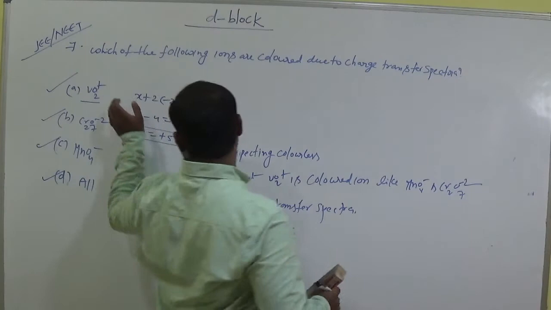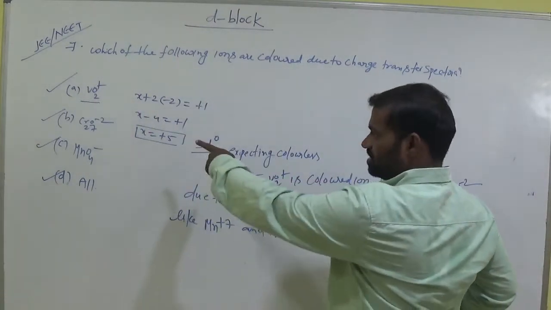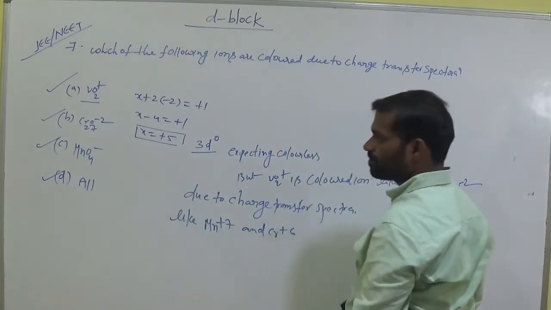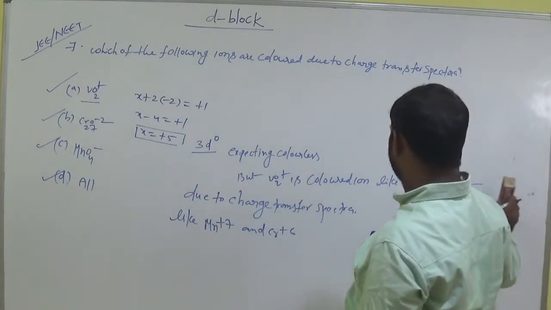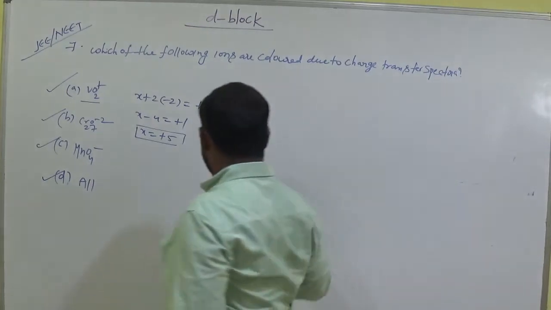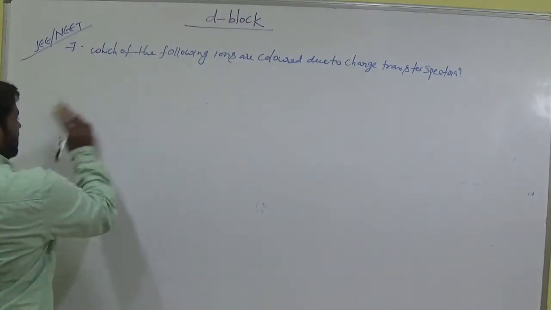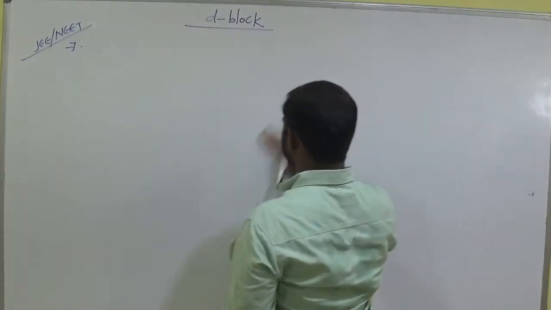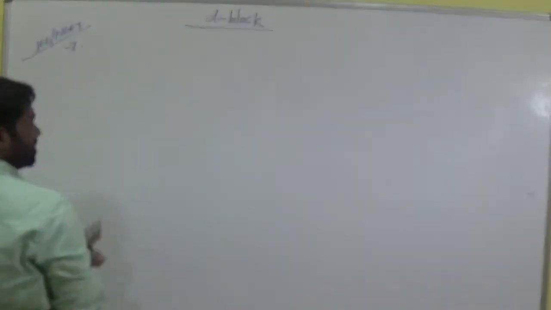It is pale yellow, yellow, orange, red, and purple. This is also an important one. Write the next one. Clear, students?